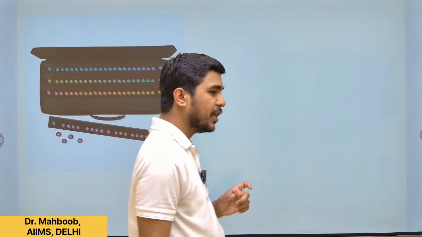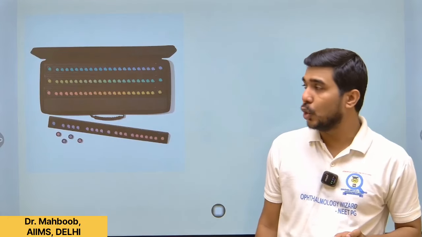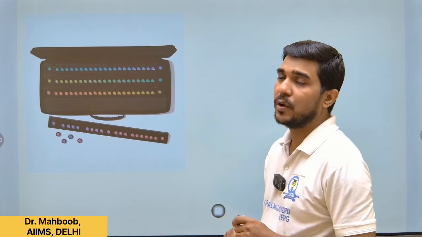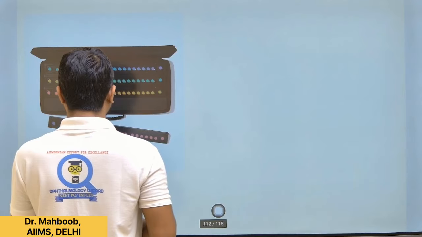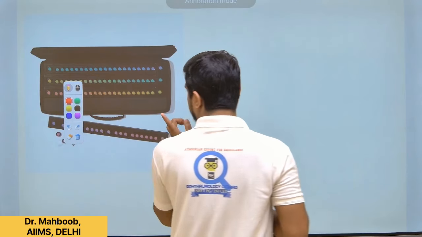For color vision, we have a different instrument also. This is one of those instruments. What is this called? This has been asked in the examination.